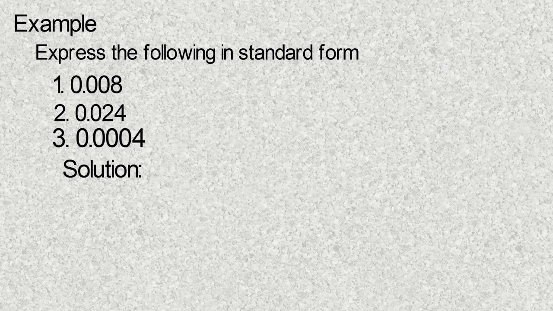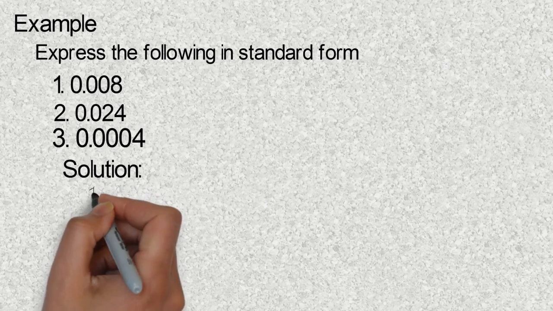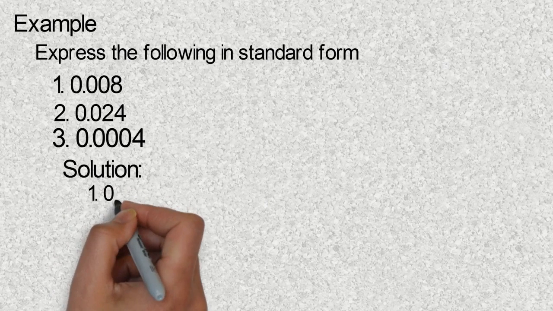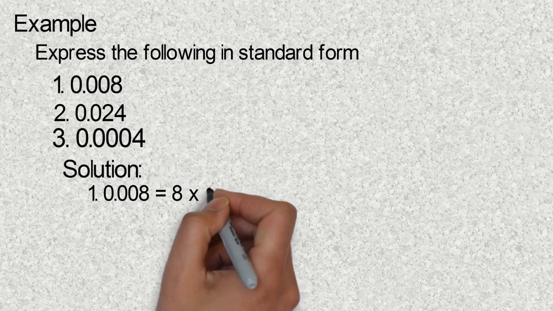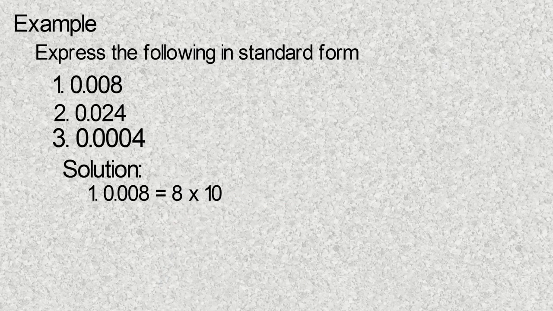If you can remember the whole numbers we did, we counted from the right backwards. What we are doing now is we count from the decimal point to the first non-zero digit. Then you can express it in standard form. You have to note the number of times you count.